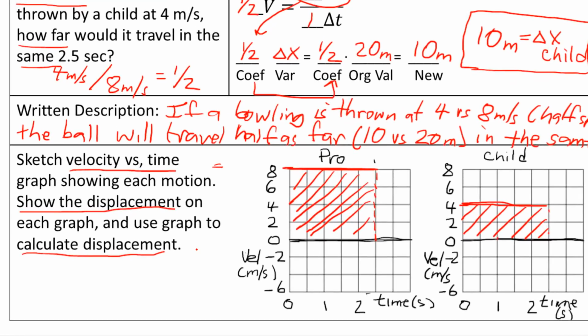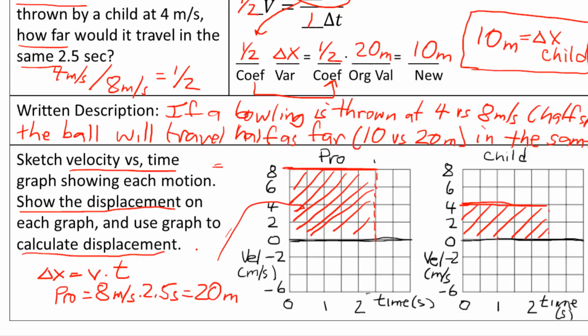Now, the last thing we have to do here is to use the graph to calculate the displacement. We know that our displacement is equal to velocity, the height of our rectangle, times time, the width of our rectangle. Let's calculate that for our pro. We're going to take the numbers right off here: 8 meters per second times 2.5 seconds equals 20 meters, which is the area of this rectangle.